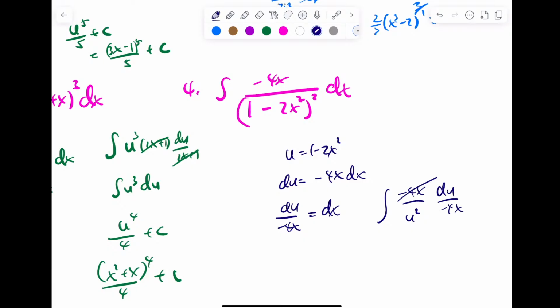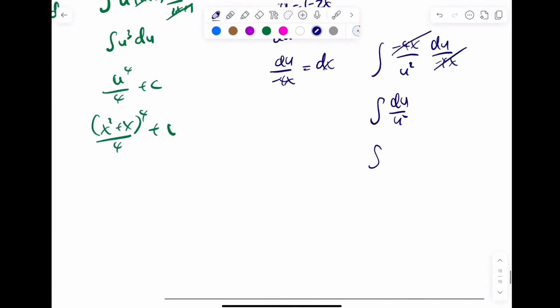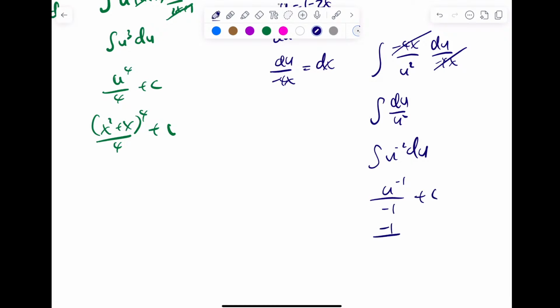It turns out those two cancel out, and then you have du over u squared. You cannot take the integration yet; you have to change the numerator, so it'll be u to the negative 2 du. So it'll be u to the negative 1 over negative 1 plus c. That's negative 1 over 1 minus 2x squared plus c. Any question about this part?